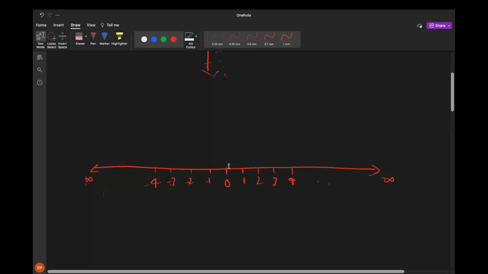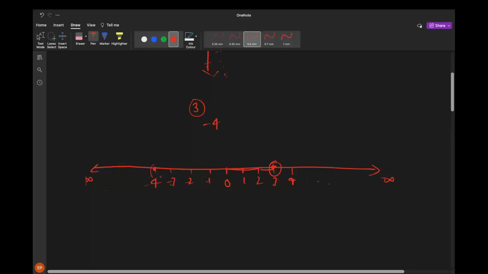While drawing any number line, the distance between any two numbers should be equal. Here the distance between 0 to 1 should be equal to 1 to 2, 2 to 3, and so on. Suppose I tell you to denote 3 on the number line, you have to denote it like this. This is the 3. What if I mention -4?